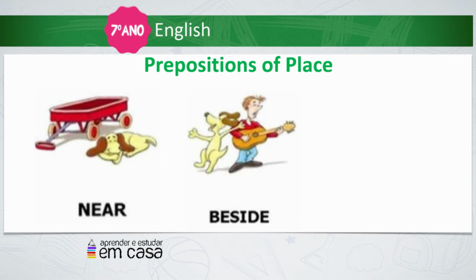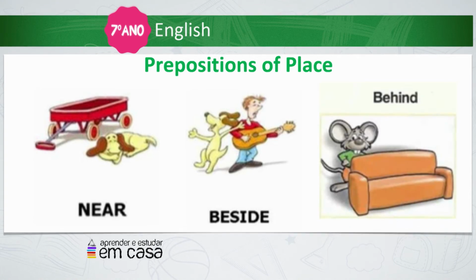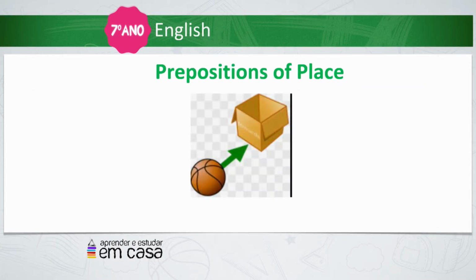Beside, you can say the school is beside the park. Behind, you can say I'm behind the swimming pool. Then we have opposite. You can say the park is opposite to the hospital.